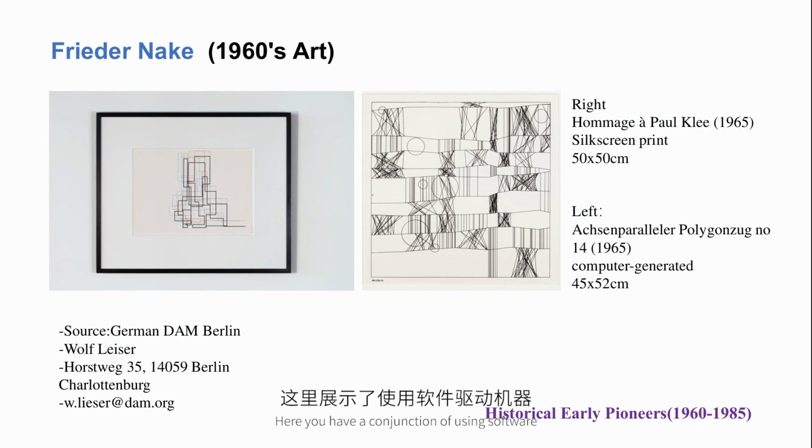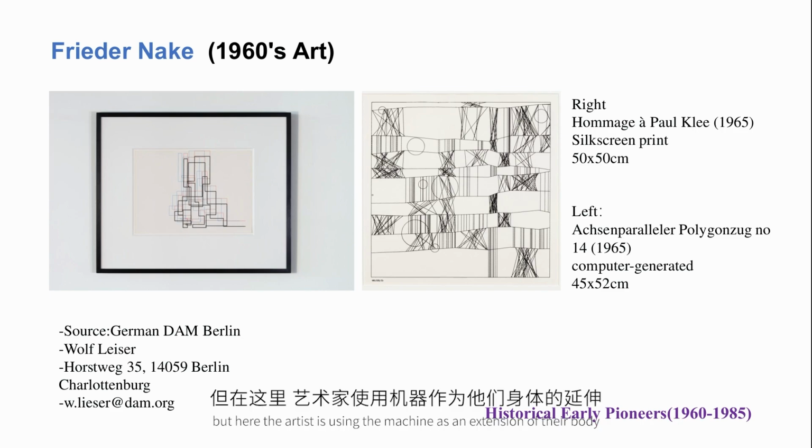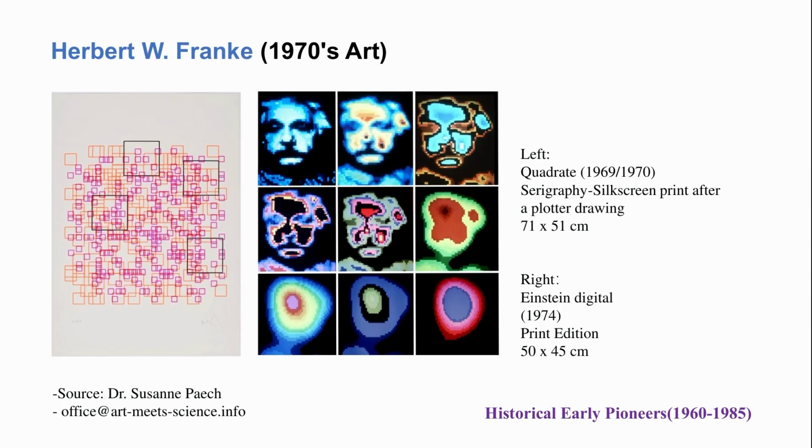So here you have a conjunction of using software to drive machines that create real printed work, or using brushes with ink, for example. So real material pieces are created on canvas, as you would do with your hand, but here the artist is using the machine as an extension of their body.